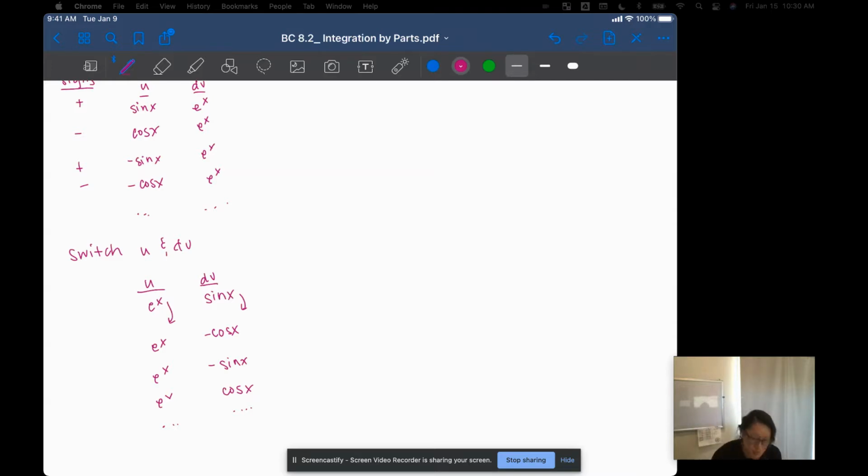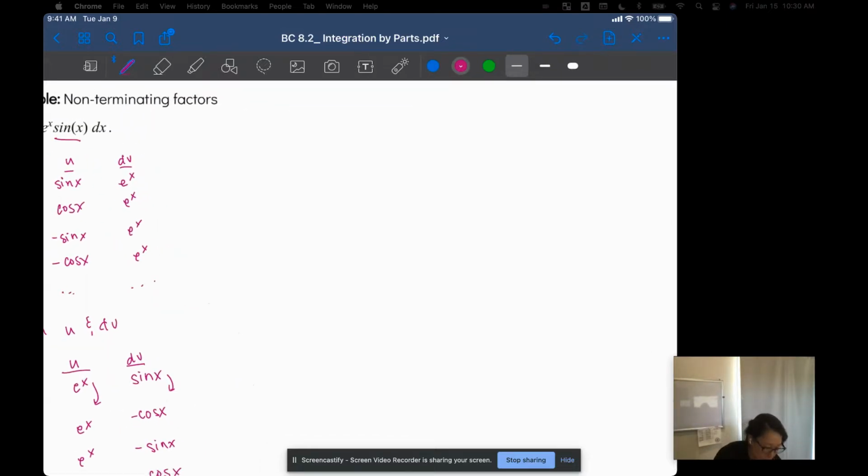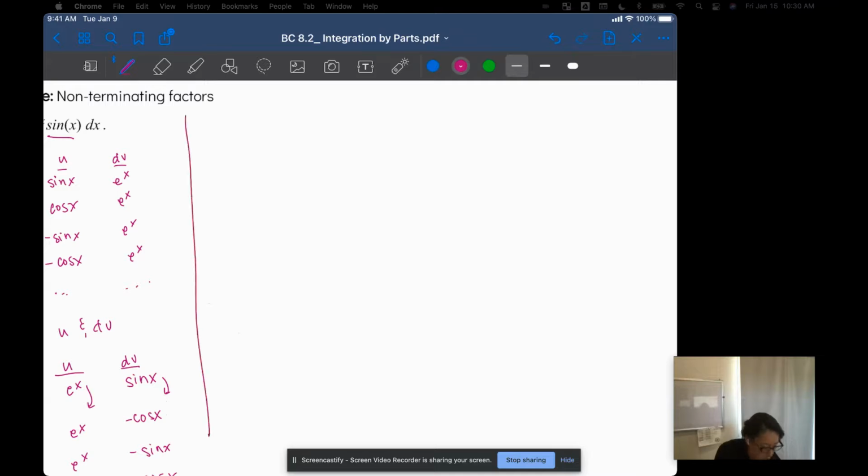So sometimes we can get a like term with our integral. I'll show you what I mean. So we're going to make u equal to the sine of x and dv equal to e to the x dx. Okay, let's take the antiderivative.